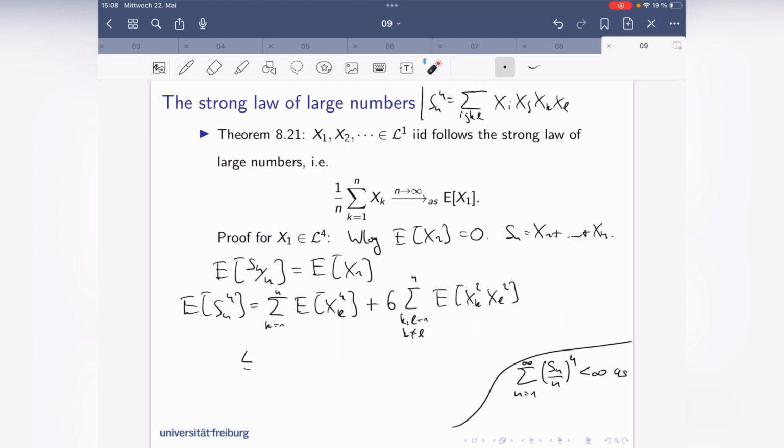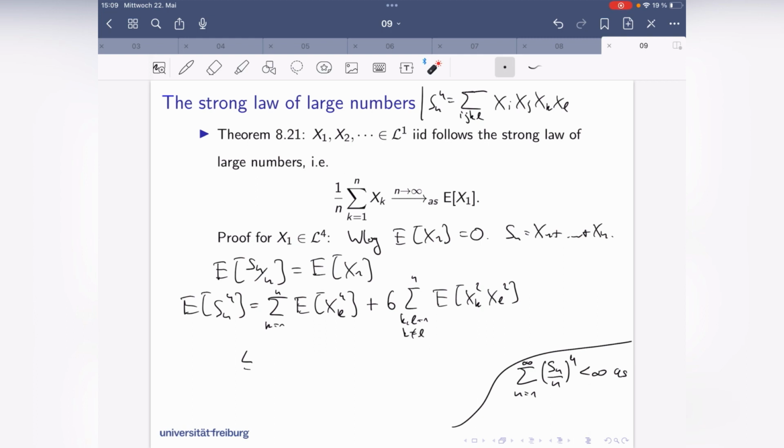So Cauchy-Schwarz gives you that this expectation of the product is less or equal the square root of the expectation of xk squared times the expectation of xl squared, to the power of 4 actually again.